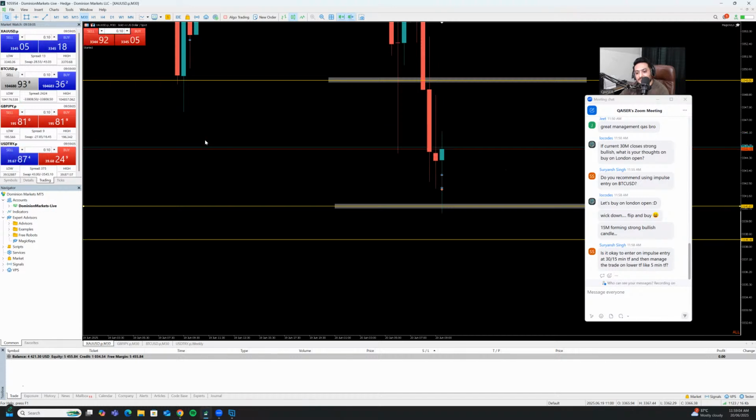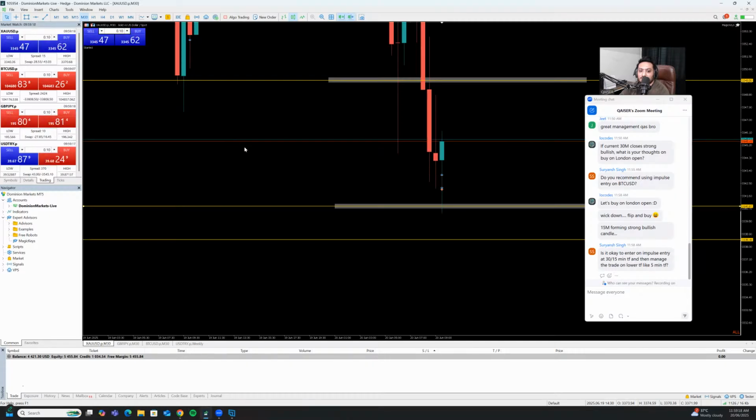Is it okay to enter on impulse entry at the 30 or 50-minute time frame, and then manage the trade on a lower time frame like the 5-minute? Actually we never use the 5-minute time frame. 5 minute is a rare thing, I would say. When a 50-minute candle has printed more than 50 or 60 pips, showing a lot of volume, and you still want to execute, or still want to manage the risk, then we can look at the 5-minute time frame.